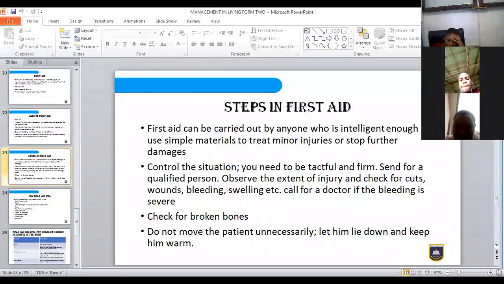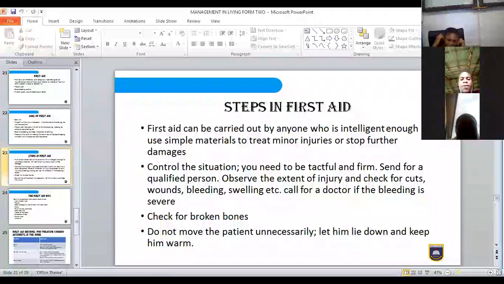Now let's look at some steps you have to take in carrying out first aid. Can you think about something apart from what you see in the slides here? You have to make sure you are not in excessive haste.